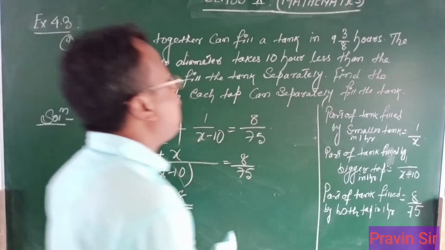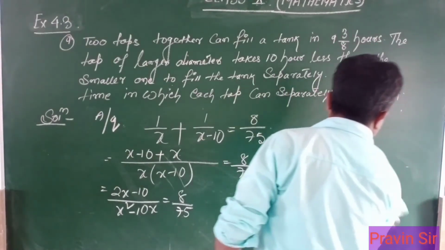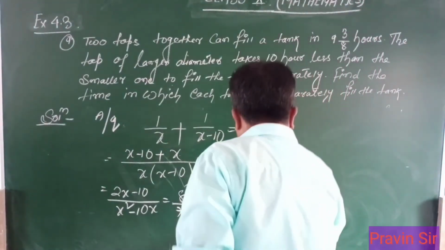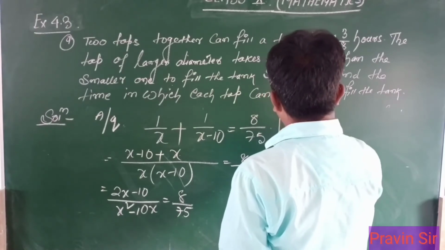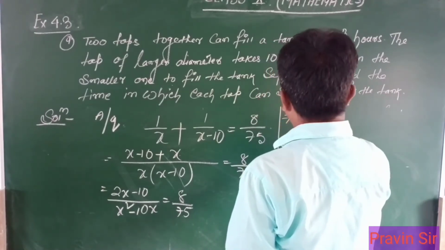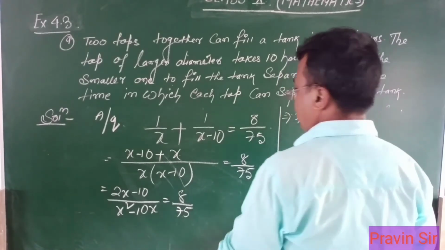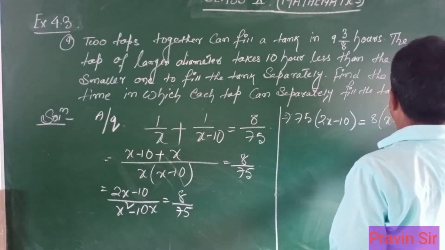Now cross multiply it. So we will get 75 into (2x minus 10) is equal to 8 into (x square minus 10x).